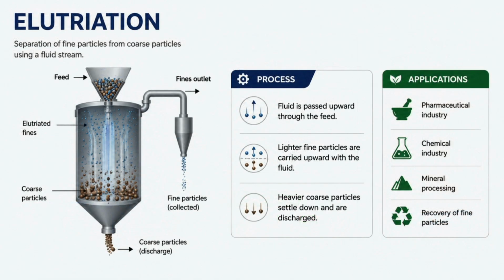Elutriation is the process of separation of the fine particles and the coarse particles from a paste obtained after levigation. How do we achieve this separation? The paste is mixed with a large volume of water and the mixture is allowed to stand for a short period of time, during which the heavy coarse particles with high density settle on the bottom of the vessel, like suspensions. The fine particles with low density remain suspended in the upper layer of the liquid.